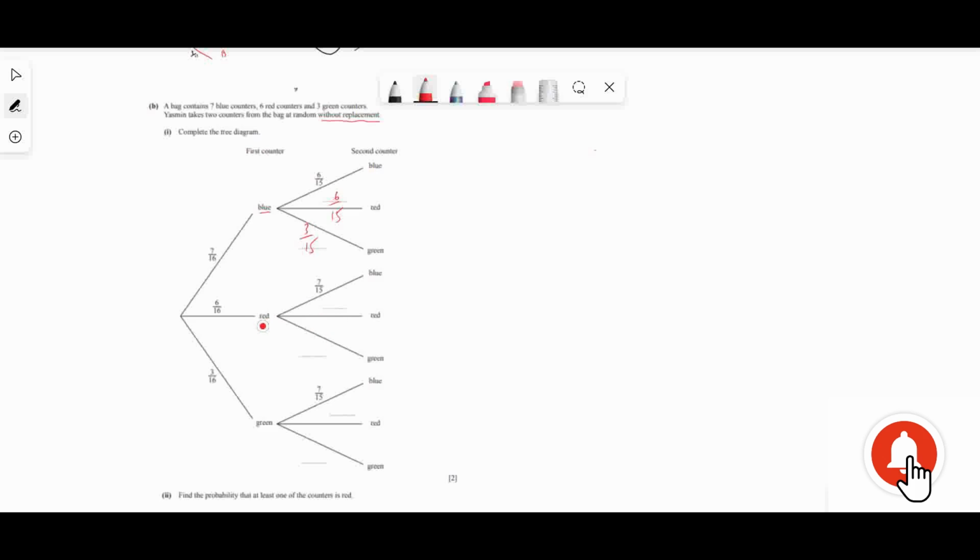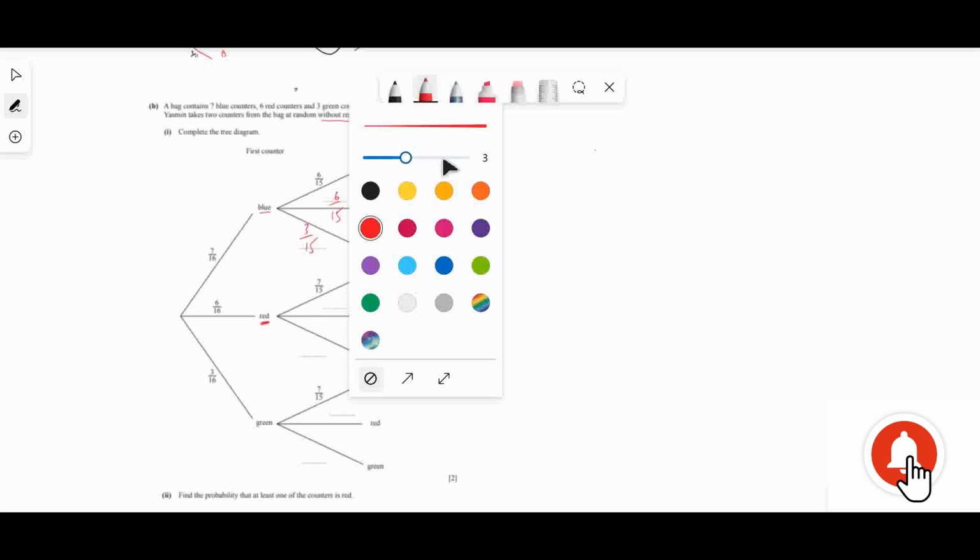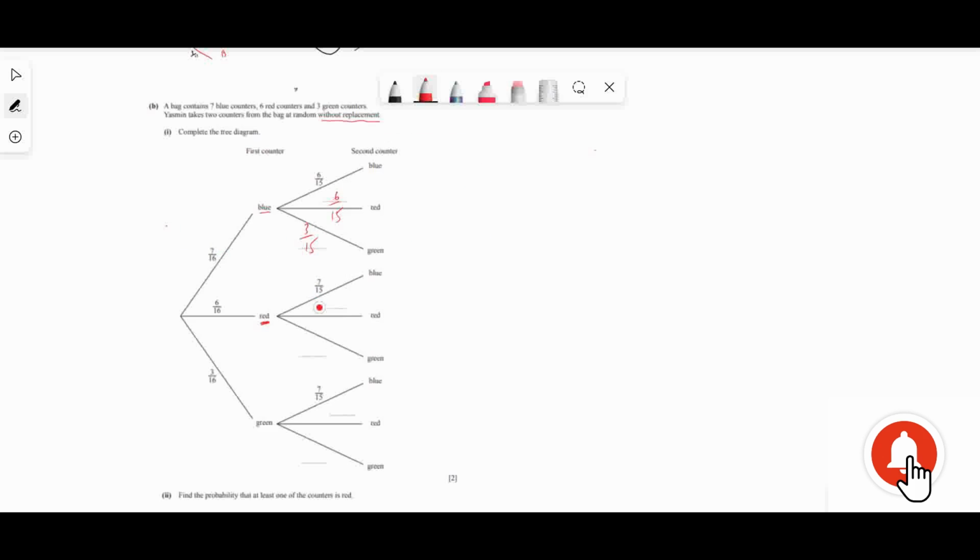Now again here we are picking the red one for the second portion, so red will be 5 by 15 and green will be 3 by 15. Now the last one we are picking the green, so this must be 2 by 15 and red won't affect, so 6 by 15.